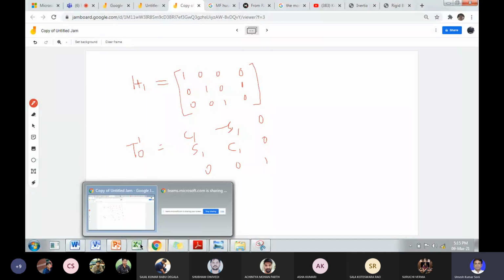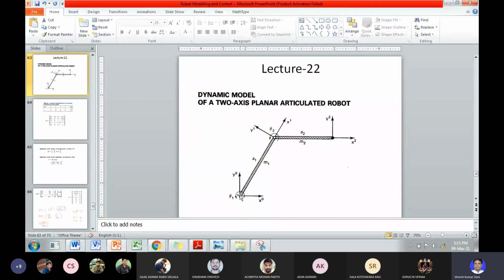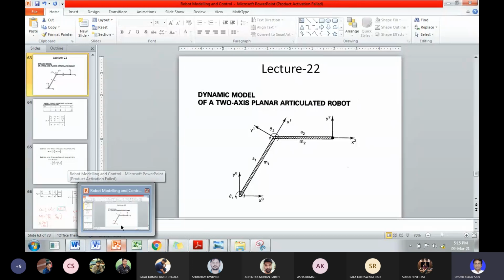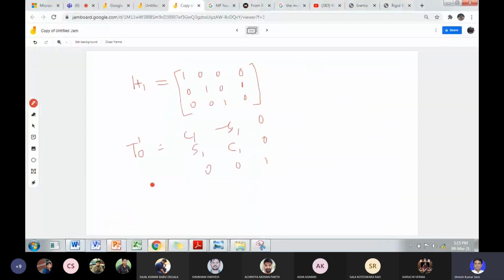What is the position? So here you see that A1 has a projection of A1 cos theta 1 in x and A1 sin theta 1 in the y direction. Okay, so here you take A1 C1 and A1 S1. This is 0 because there is no component of the link in the z direction.